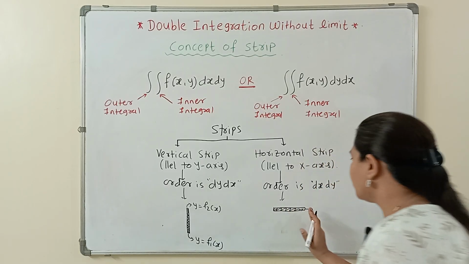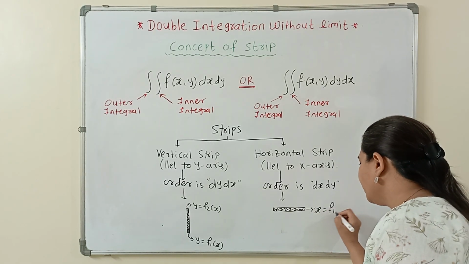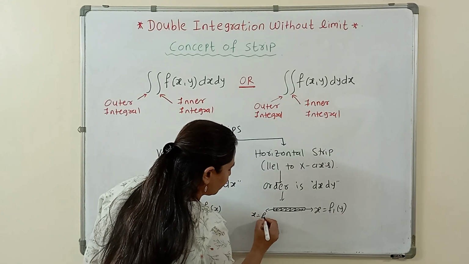From the right end we will calculate the value of x in terms of y, and from the left end also we will calculate the value of x in terms of y.